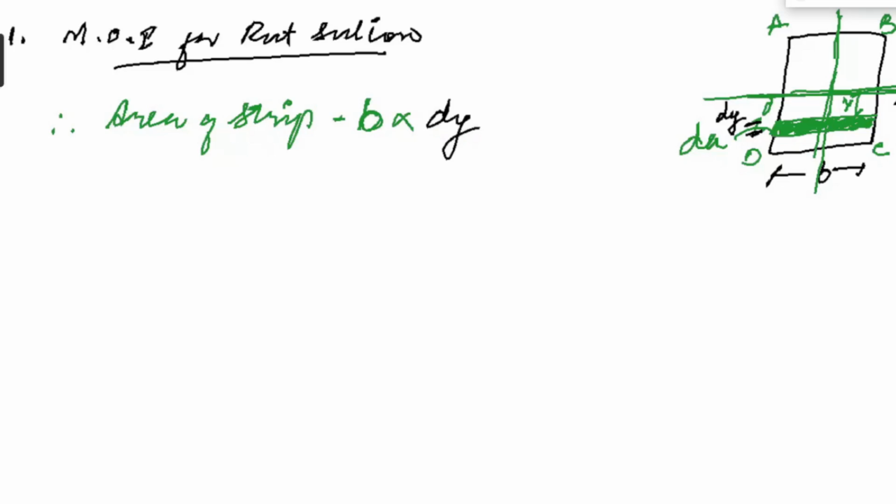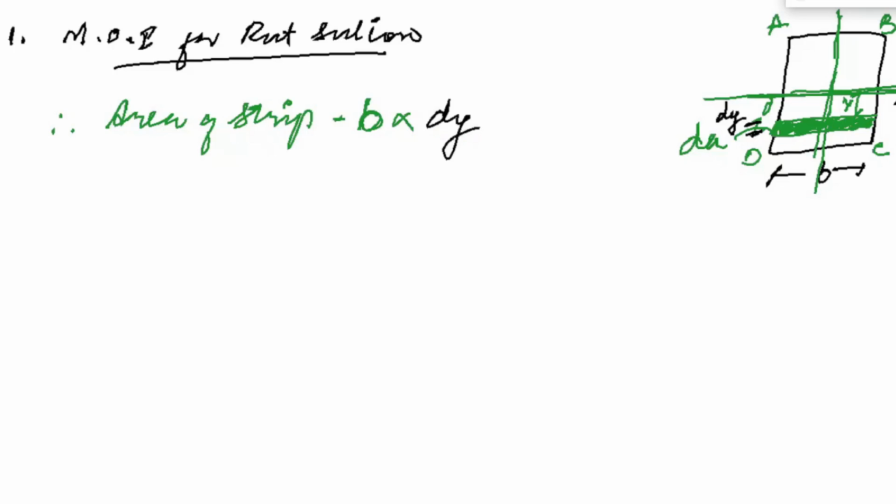Area is how much? B into dy. So it is B y square dy.